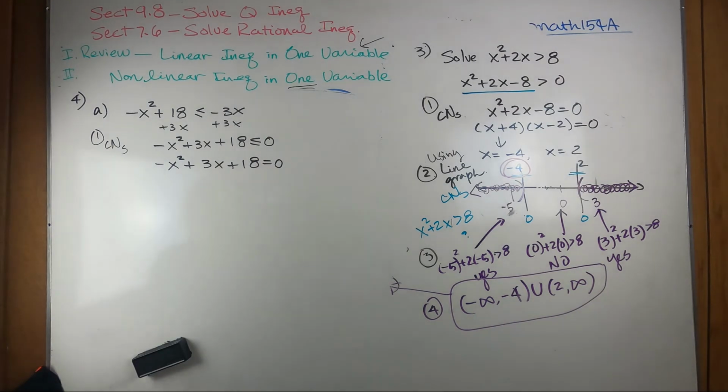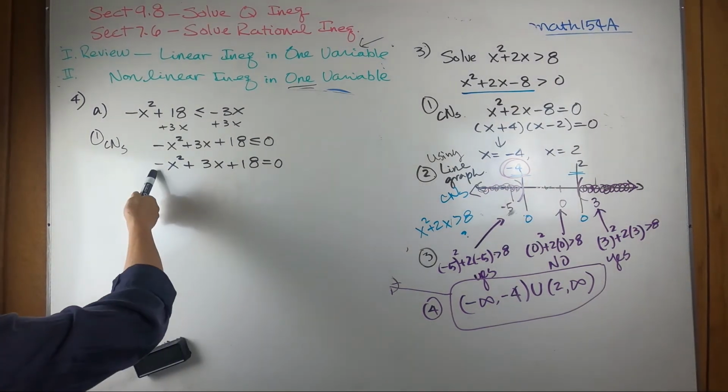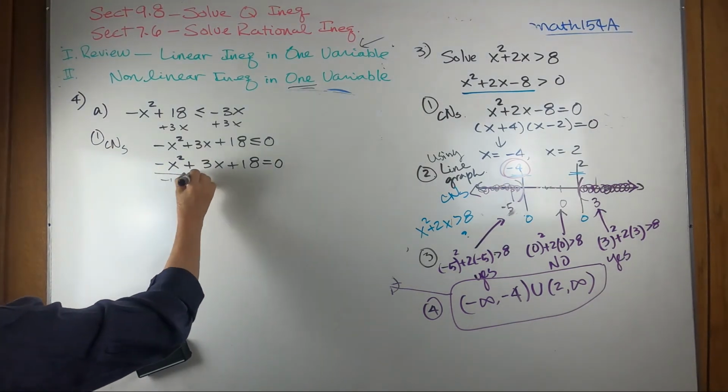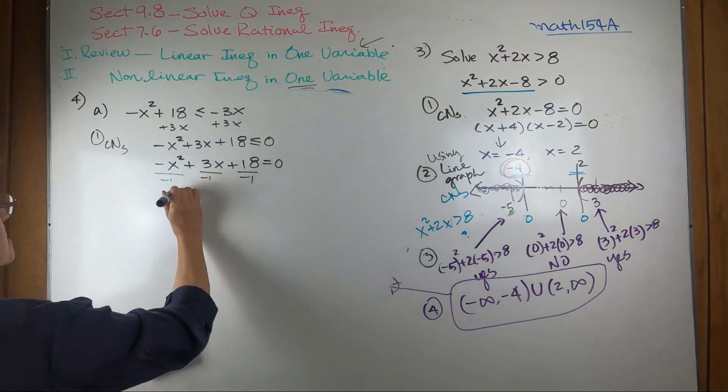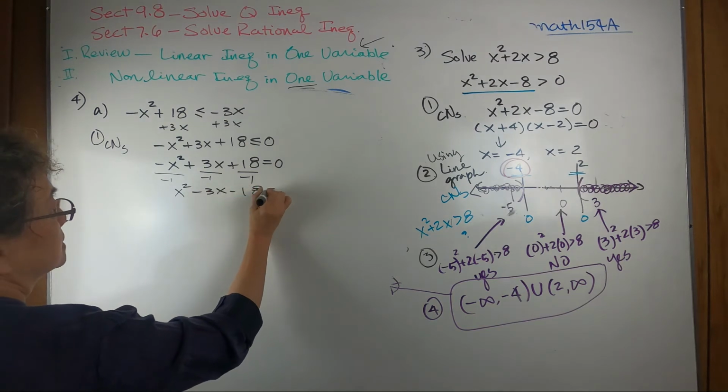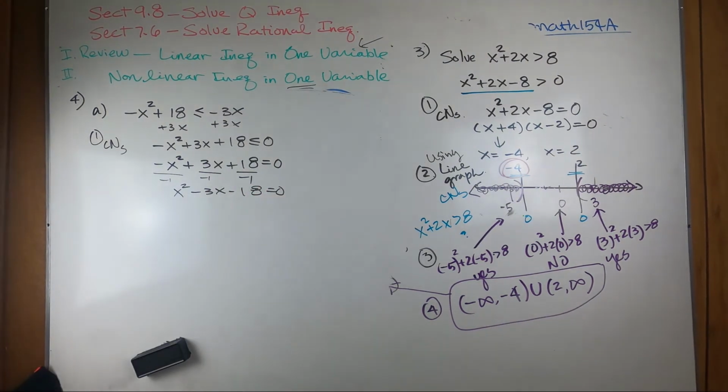Usually when we factor, we don't use a negative in front, or you will make more mistakes that way. So we just divide by negative 1, and we have x squared minus 3x minus 18 equals 0.